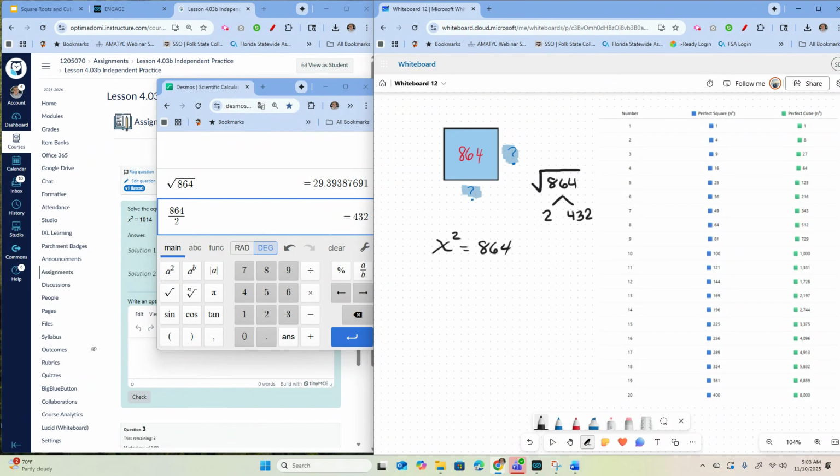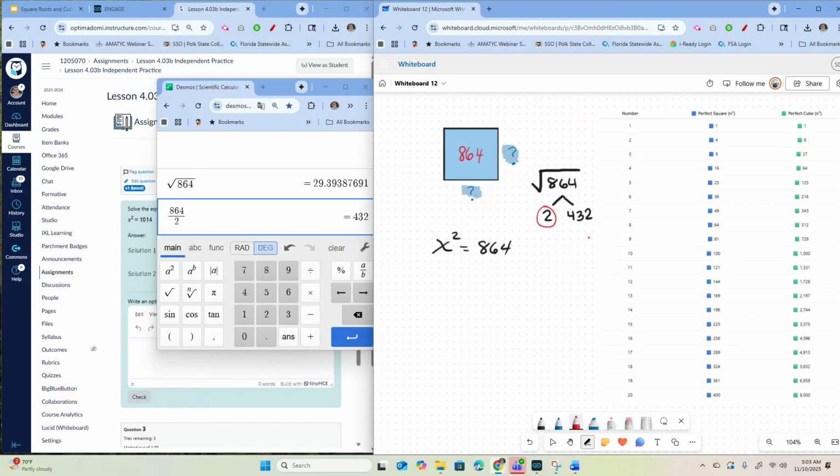Every time you do the tree, always check if one of the numbers is a perfect square. I know 2 you cannot break down, so I'm going to circle it. But always check if the other number, 432, is a perfect square, and you can see it's not.